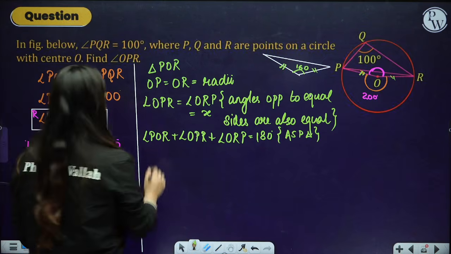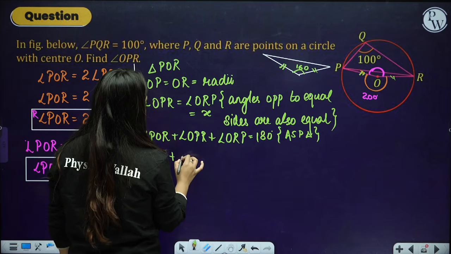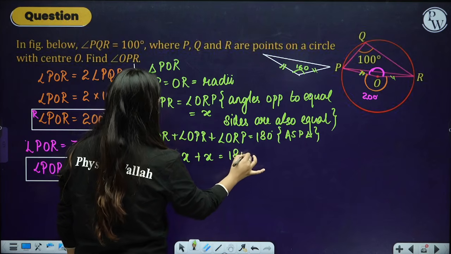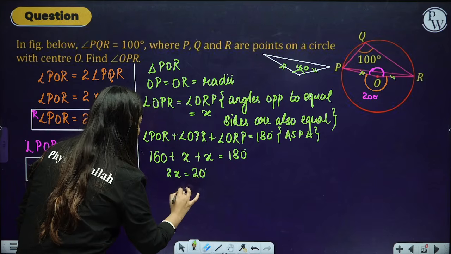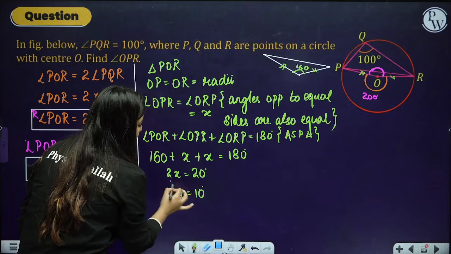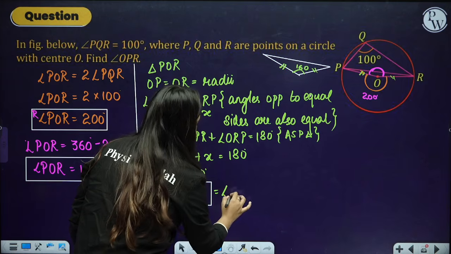Now, POR is 160 degrees, OPR is X, ORP is also X, equal to 180. 2X is equivalent to 20 degrees, and from here we get the value of X as 10 degrees. We can say X is equivalent to 10, which is angle OPR, which we had to find out.